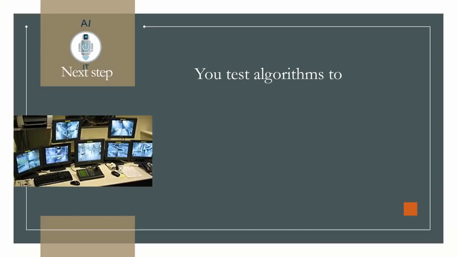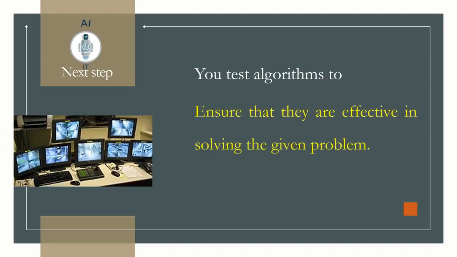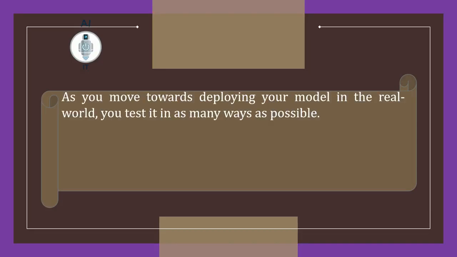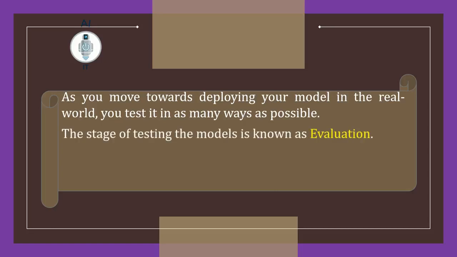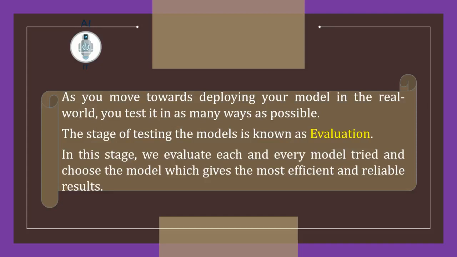In the last stage, we test the algorithms to ensure that they are effective in solving the given problem. In the last stage of AI project cycle, we move towards deploying the model in the real world. We start testing it in as many ways as possible. So this stage of testing the models is known as the evaluation stage.